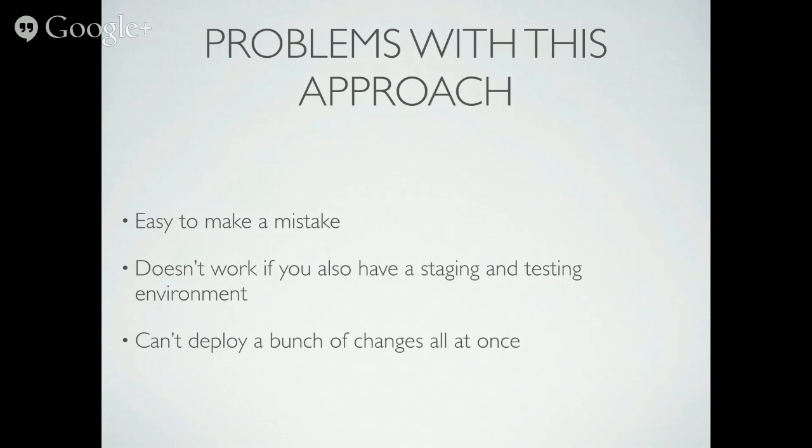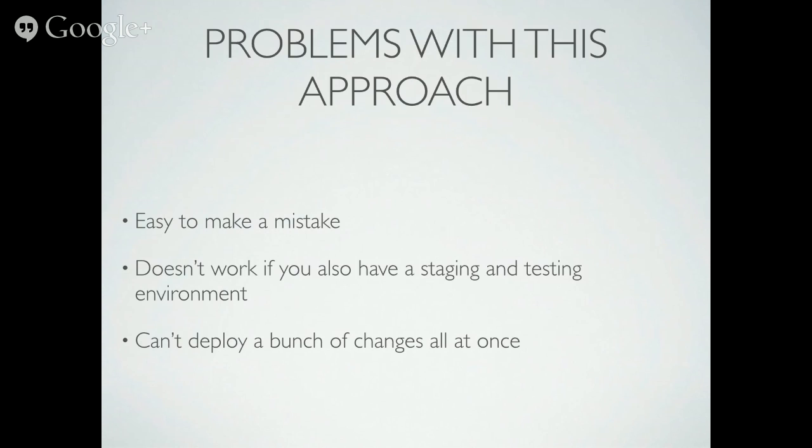But the problem is that if you have a more complicated configuration to set up, like installing a language, it's quite a few steps. It's easy to make a mistake. It can also take a long time if you have something like views that can take quite a bit of pointing and clicking to configure. And it also doesn't work if you have a staging and a testing environment, because then you'd have to do these changes multiple times.